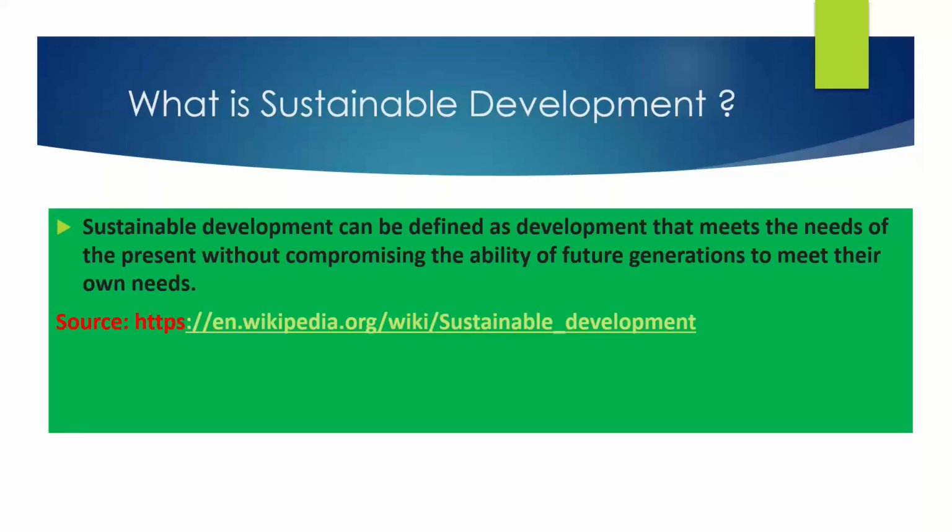All right, the second question I would like to ask is, what is sustainable development? Again, my source is Wikipedia, and I will just paraphrase: sustainable development can be defined as development that meets the needs of the present generation without compromising the ability of future generations to meet their own needs.